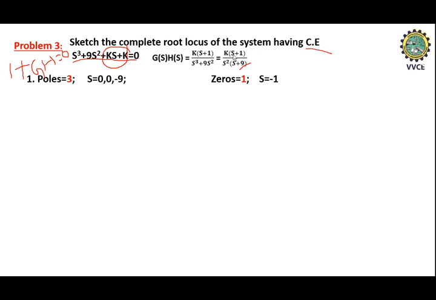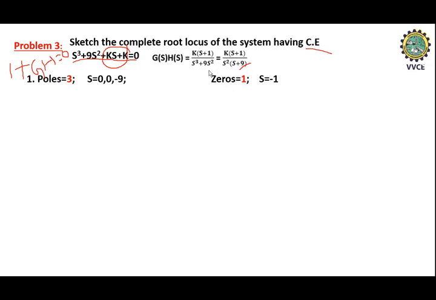There is a zero because in the numerator one root is present, and that root is minus 1. So the number of zeros is equal to 1.